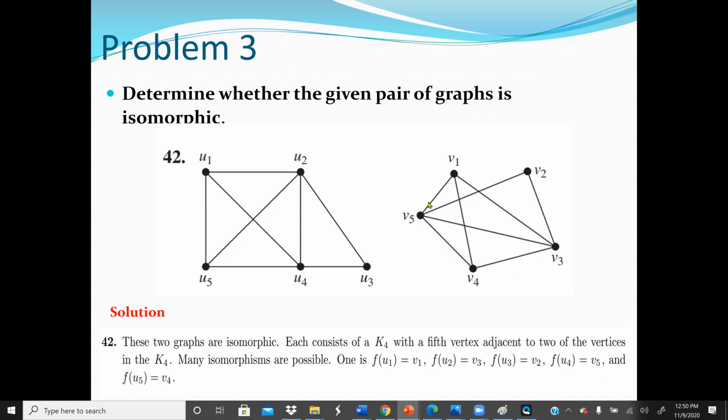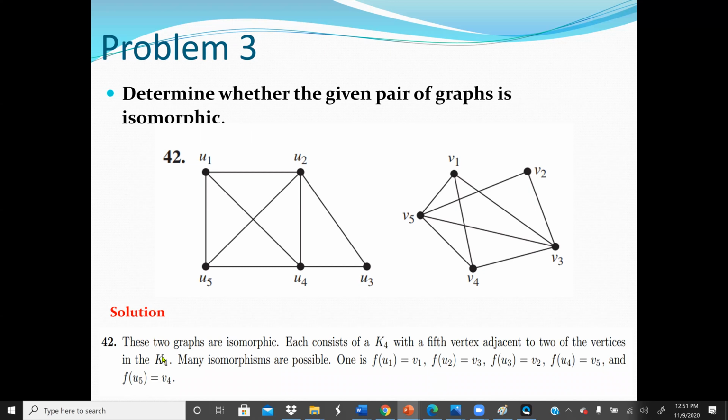For example, V5 has degree 4, and U2 also has degree 4. Then I look for another vertex of degree 4. Here we have one, and for V3 we have 4 also. Here we have only 3, and we don't have another 4, unless I'm missing something.